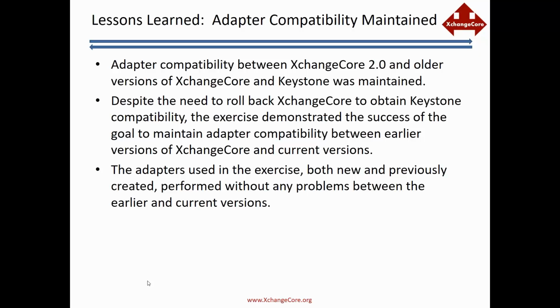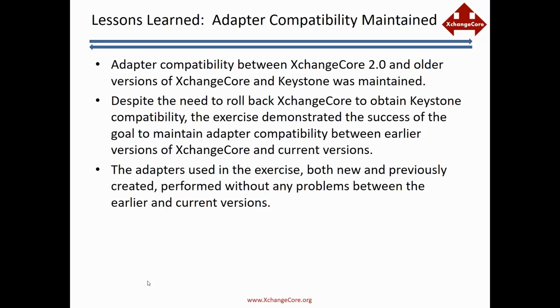But when we talk about compatibility, we're talking core-to-core sharing. If you're only using a single XchangeCore, upgrading to successive versions is seamless because of a commitment we made years ago to maintaining adapter compatibility.